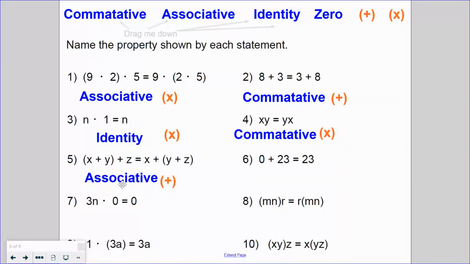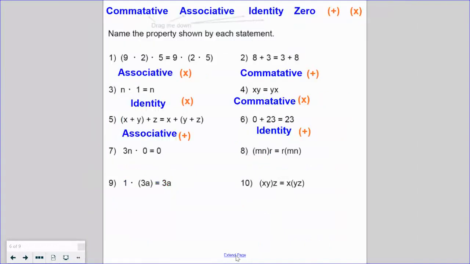All right, let's look at 6. 0 plus 23 equals 23. Well, we know the operation is addition. Okay, remember zeros get us what? Zeros. So it can't be this just because there's a 0 in it. Okay, we have to go with identity because we get 23 as our solution.